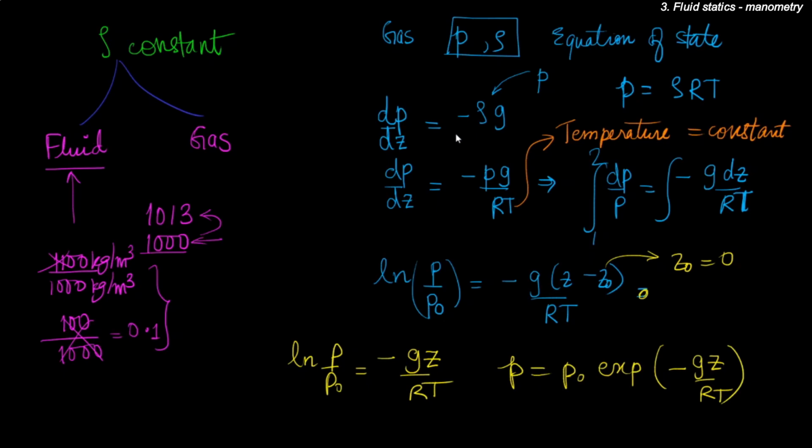If we do not assume the ideal gas relationship between density and pressure, the relationship that we would have obtained is P equals P naught minus rho g Z. But because of considering the implicit dependency of density on pressure, rather than the explicit dependency, we have an exponential decay in the atmospheric pressure as opposed to a linear change.